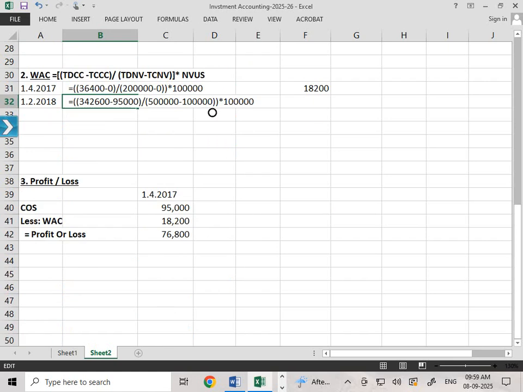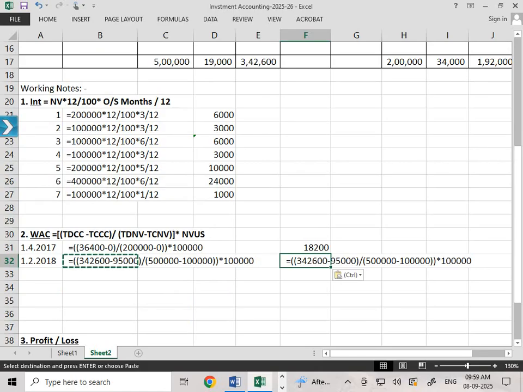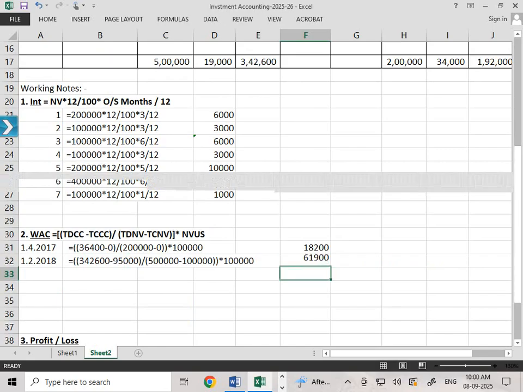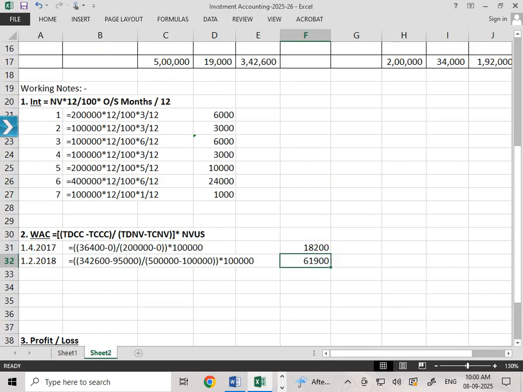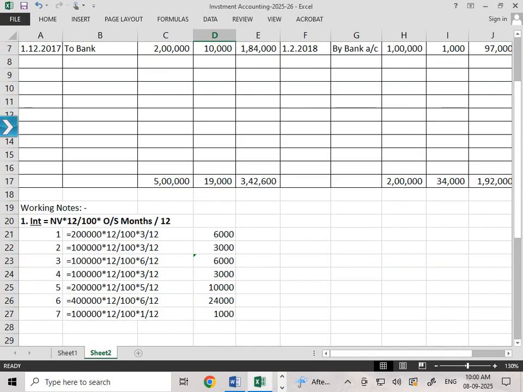Nominal value of units sold is what? 1 lakh. How much does it come to? 61,900.